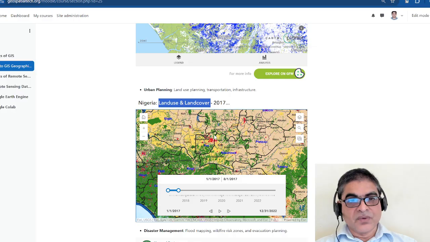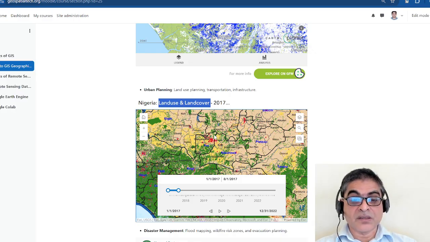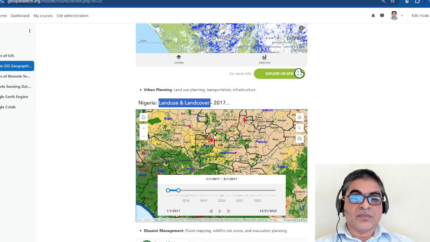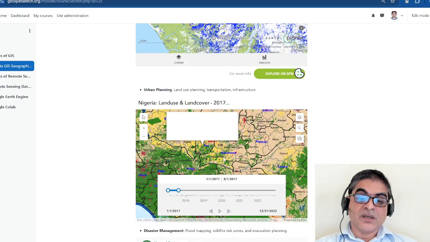We are using it for agriculture, for making ponds or dams, so this will be a water class. Land use shows how human beings are using the land, and land cover is the natural cover, like a forest area, the desert, the grassland area, maybe barren area. Combining both of these is known as land use, land cover. So this can also be studied.